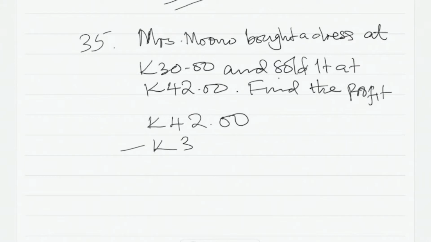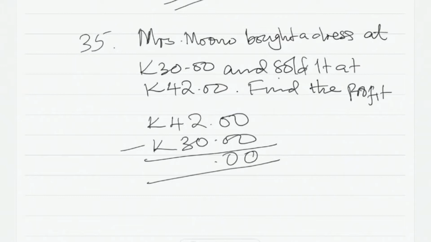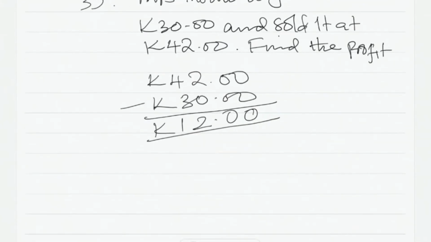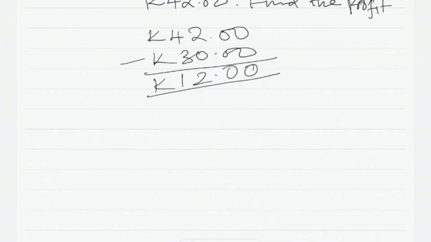So 2 take away 0, that is 2. 4 take away 3, that is 1. So her profit was 12 kwacha, and the answer is B for number 35. We go to number 36.